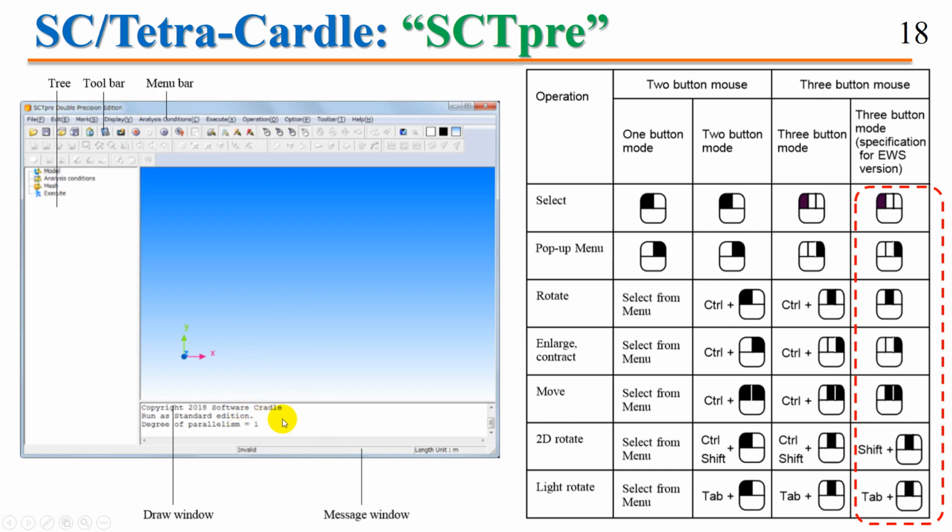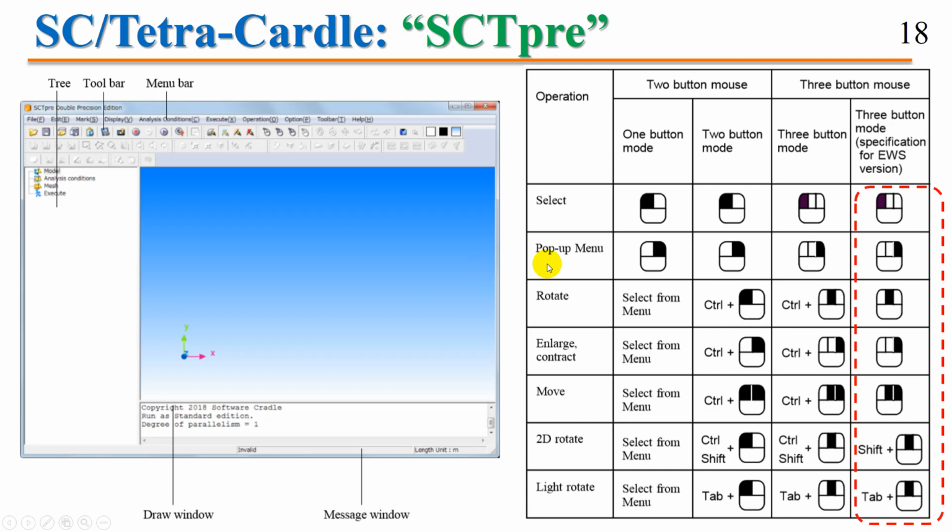For using the mouse, the mouse operation depends on the type of your mouse. Actually, our mouse is the three button mouse, and for example, if you want to select the model, you can click on the right button.